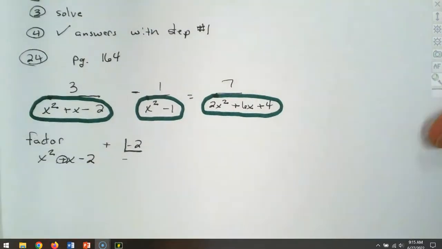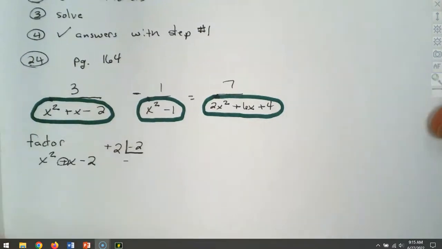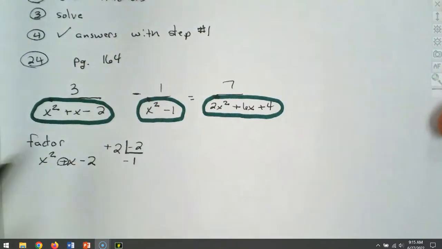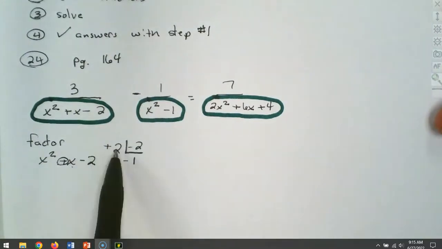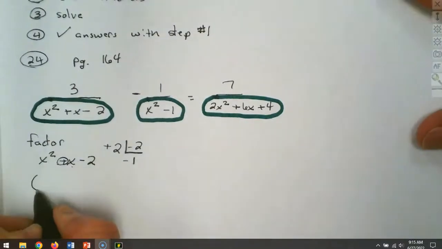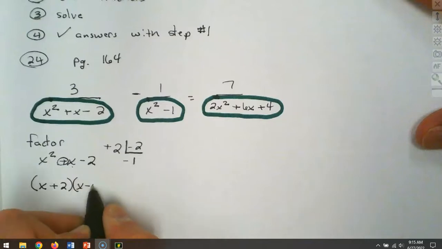So which one's going to be positive and which one's going to be negative, the 2 or the 1? 2 should be the positive, and 1 should be the negative, because those go together and give you a positive 1, and they multiply together to give you a -2. So that one's been factored, and that is (x + 2)(x - 1).